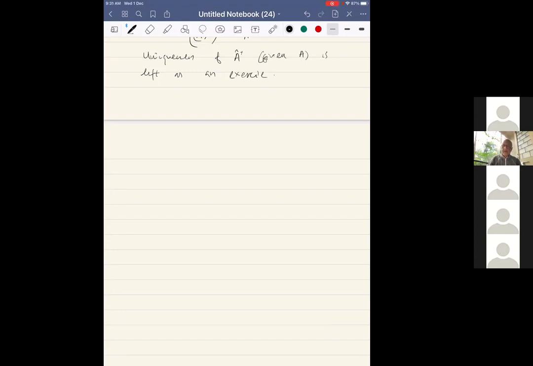Okay. So I will just write down what I said in speech. So for a general inner product space V with dim V equal to N, choose an orthonormal basis U1, ..., UN.